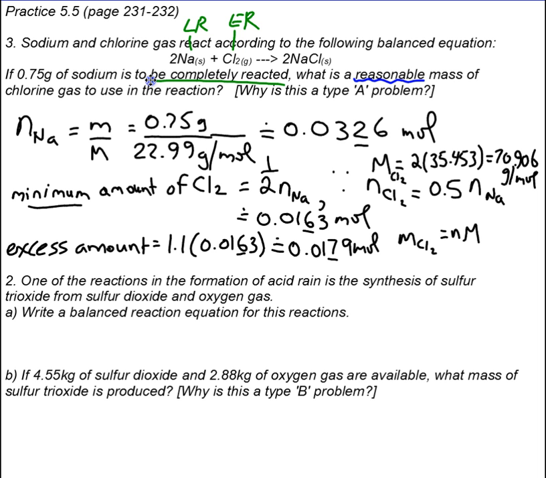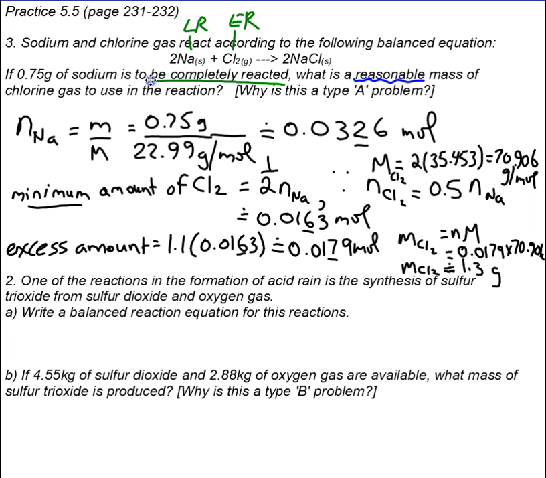So if I take that and multiply by my 0.0179, I'm going to get finally my answer here. So 2 significant digits would be about 1.3 grams. Now I'm rounding to 2 significant digits because I'm done my calculation.